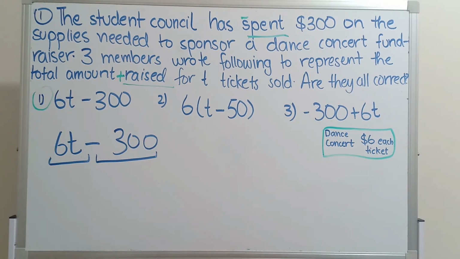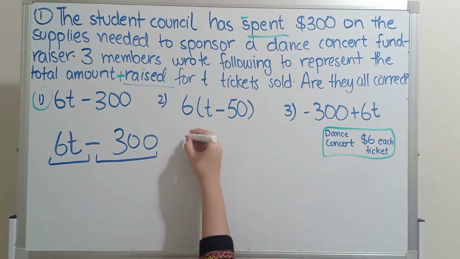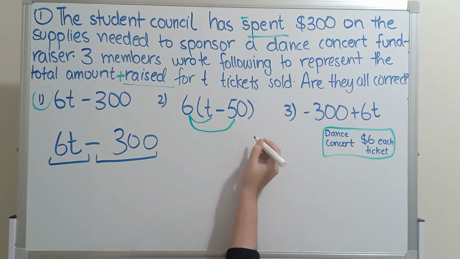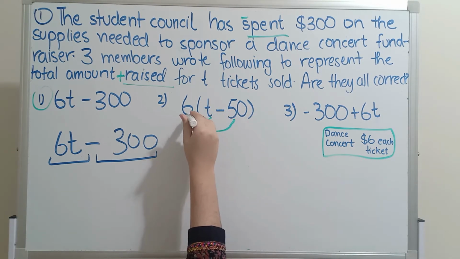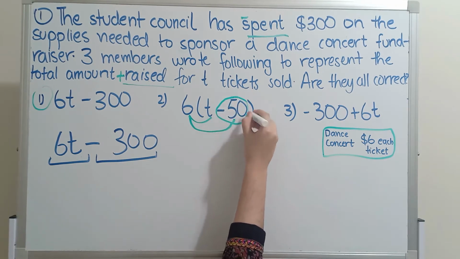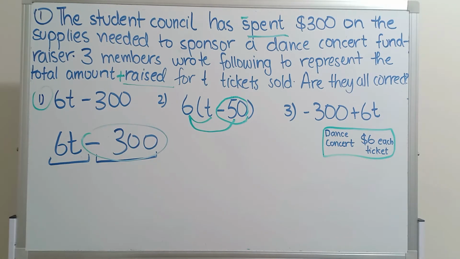It says 6 times the quantity T minus 50. Let's see if this is correct. We need to use the distributive property to solve this one. If it ends up like one of the others, it is correct. So 6 times T, and 6 times negative 50. We're not going to multiply 6 by only 50. The whole number is negative 50, such as negative 300 is the whole number here.